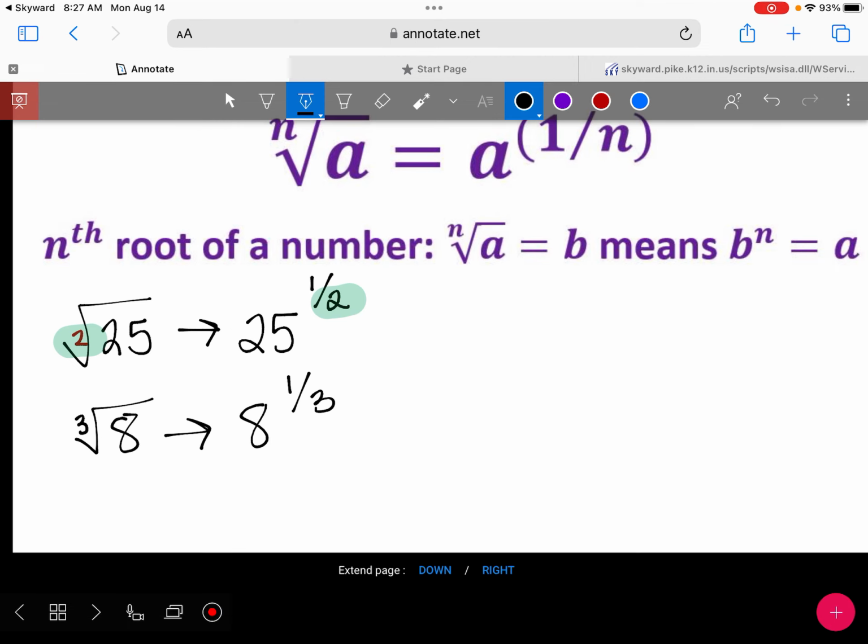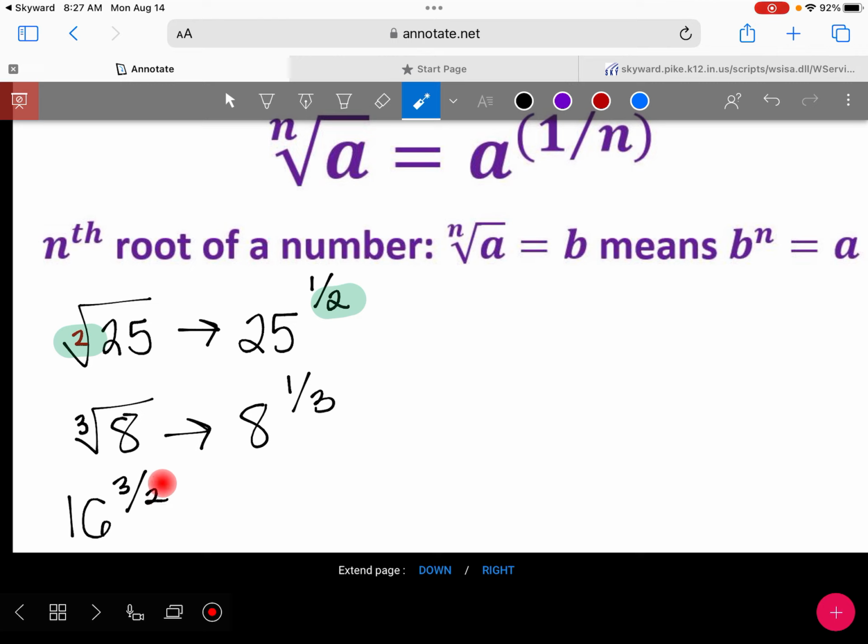And then lastly, if you have 16, let's start with an exponent, 16 to the power of 3/2. What this means is we're doing 2 operations to this 16. The denominator is the root, the numerator is the power. So this 2 tells me that I'm taking the square root of 16.